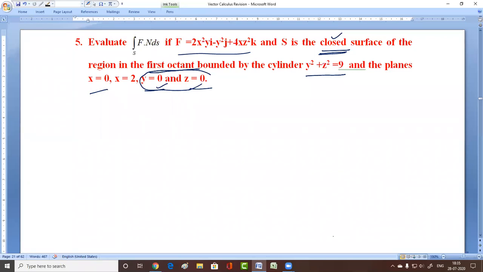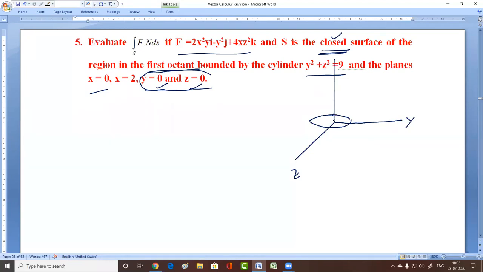Now listen carefully. I will take this as the yz plane, because y square plus z square equals 9 represents a circle in the yz plane and extends along x. Now x is 0 to 2.